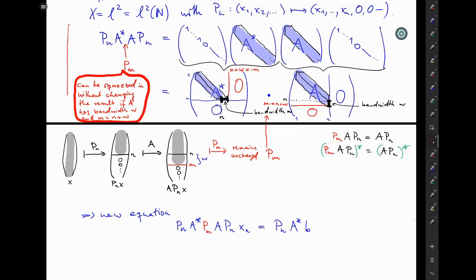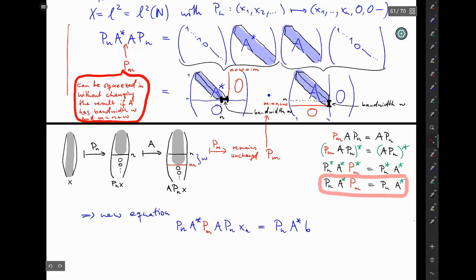And of course we know what the adjoint of a product is. It's the product of the adjoints, but only in reversed order. And then of course our PNs here, which just perform this truncation after the nth entry, are self-adjoint, so we can remove the little green stars at Pn and Pm. And we are left with this already announced equation for A star here.